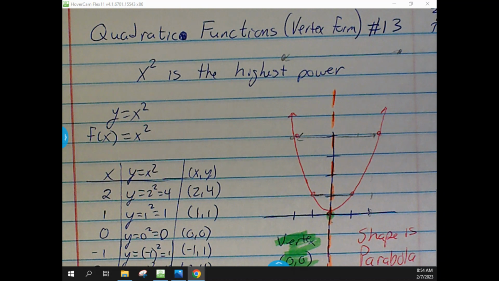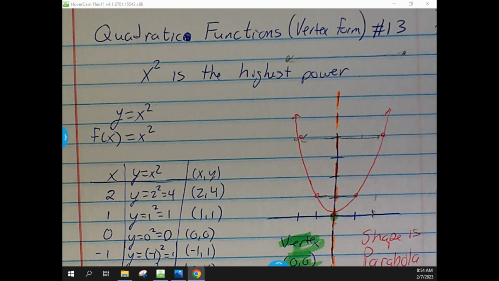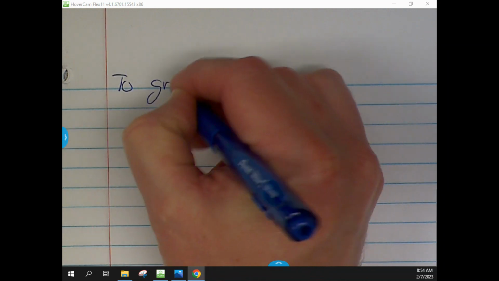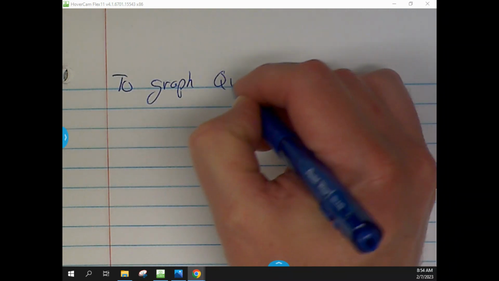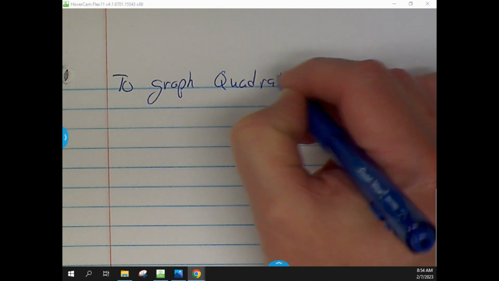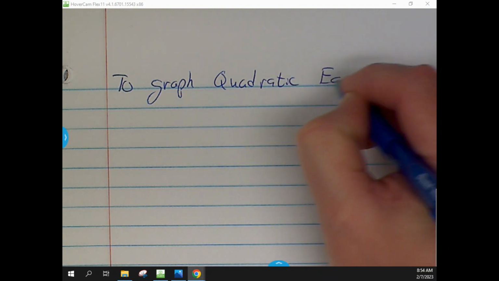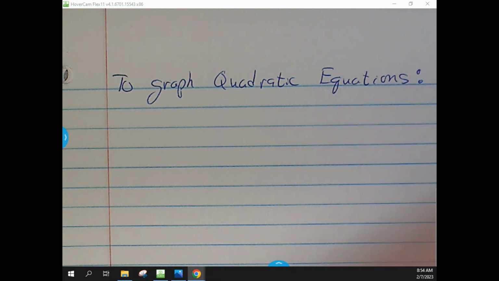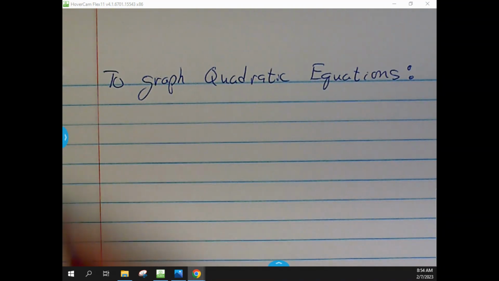But even without knowing anything, you know a lot about the graph when it comes down to it. We're going to try to keep this as simple as we can when we go through this.